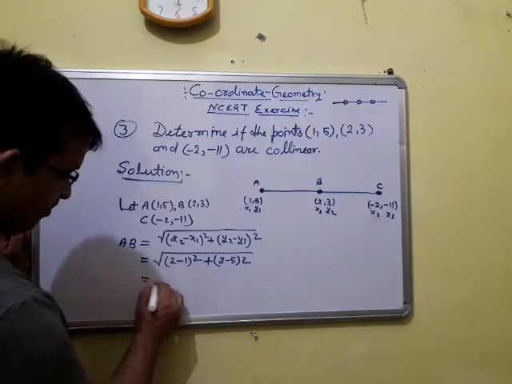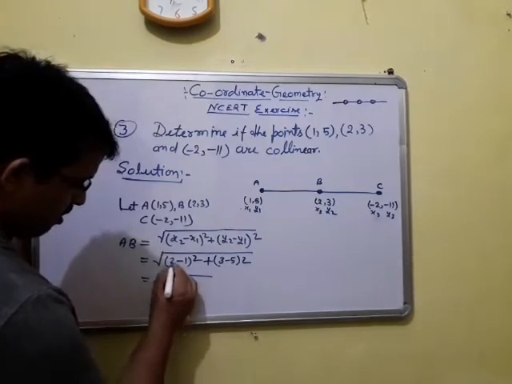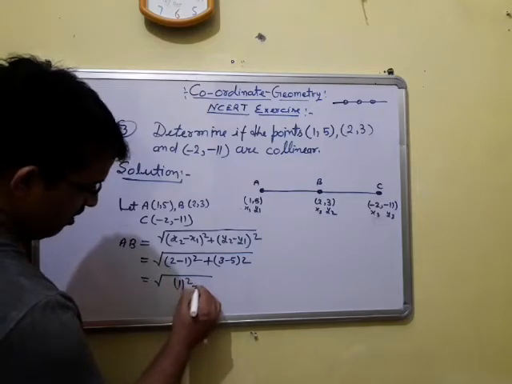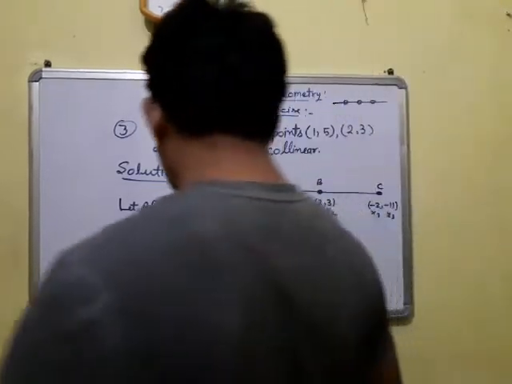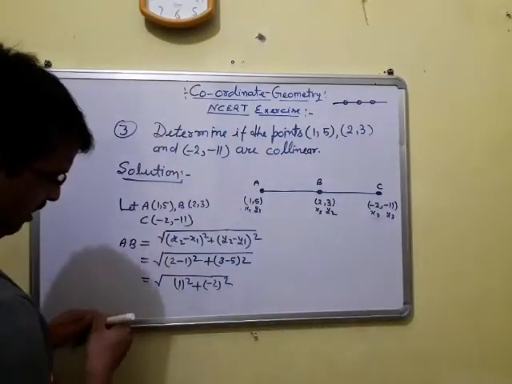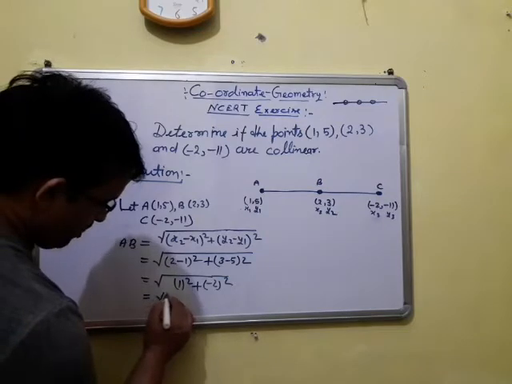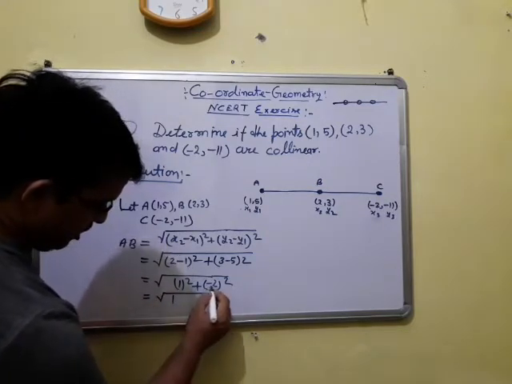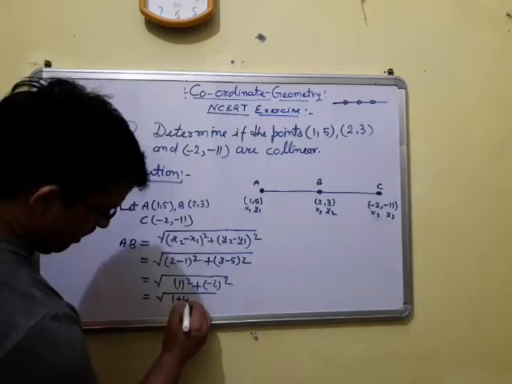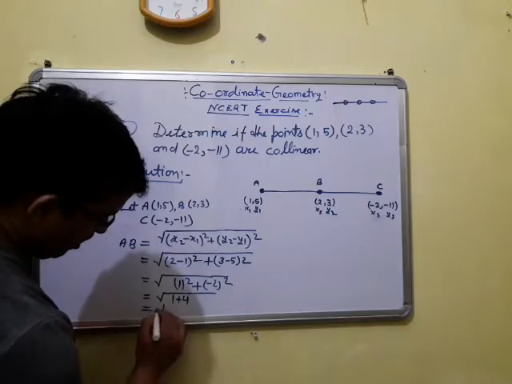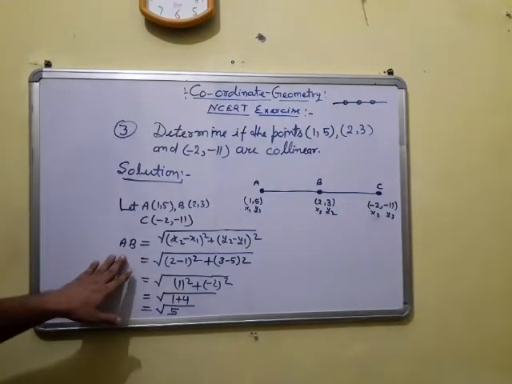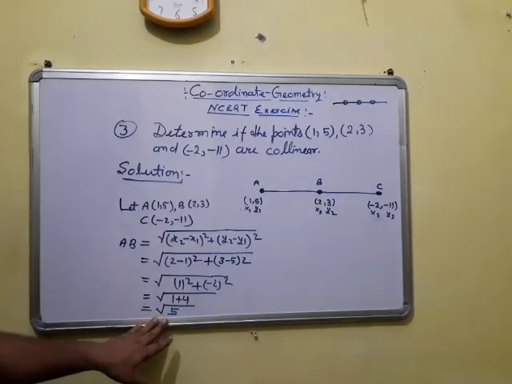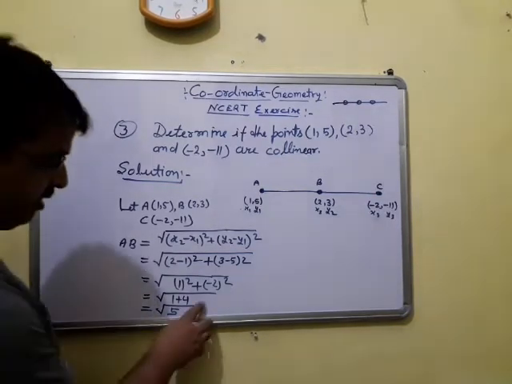So we get under root 1 square plus minus 1 is minus 2 square. So 1 square is 1, and minus 2 square is plus 4. So we get root 5. The distance between AB, we find, is root 5, and the value of root 5 we find.